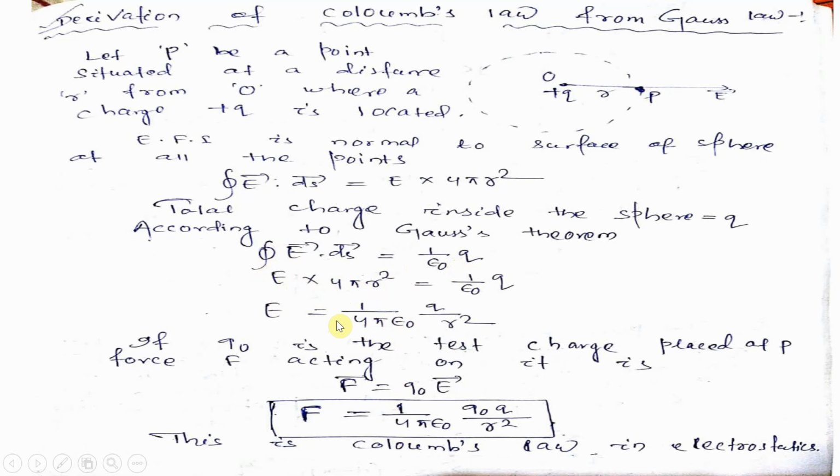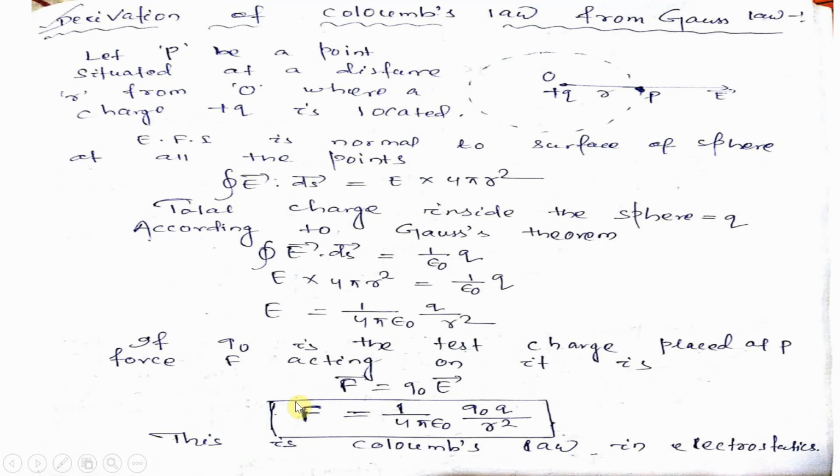But we have to calculate the force, because in Coulomb's law the expression for force is calculated. So I have to take another point charge Q naught, which is the test charge, placed at the point P, and the force acting upon that test charge is F equal to Q naught into E. So we have to put here in terms of E, F by Q naught, and Q naught is multiplied on the right side.